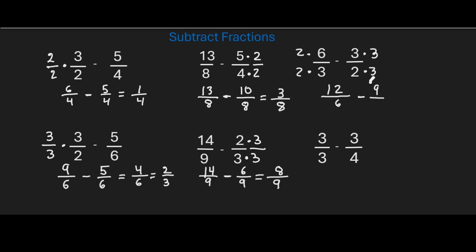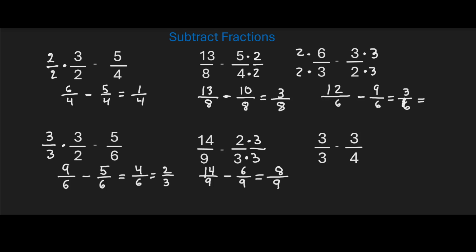And then 3 times 2, we get 6. Can you see that now we have the same denominator? Nothing will happen to the denominator. It's going to stay the same. So I'm going to write 6. And now subtract 12 minus 9. The answer is 3.